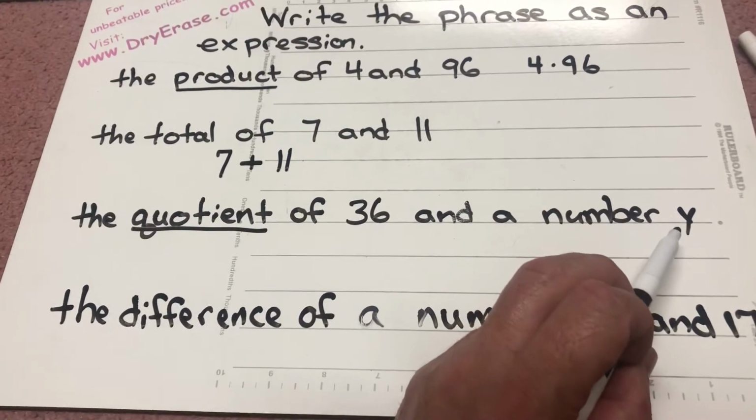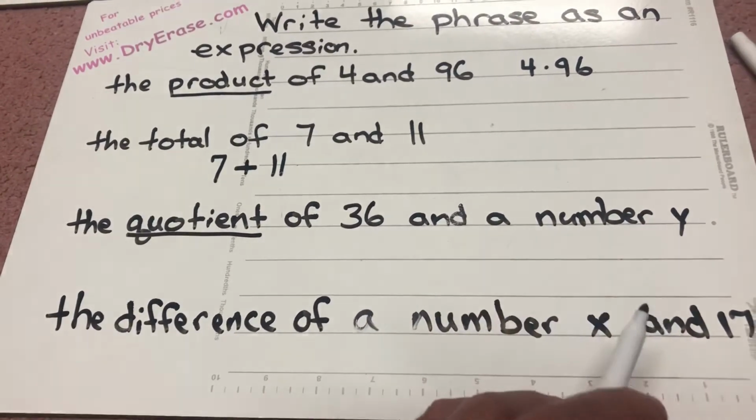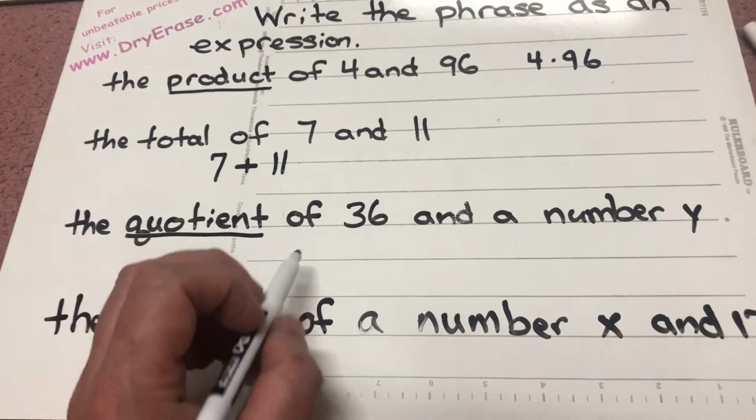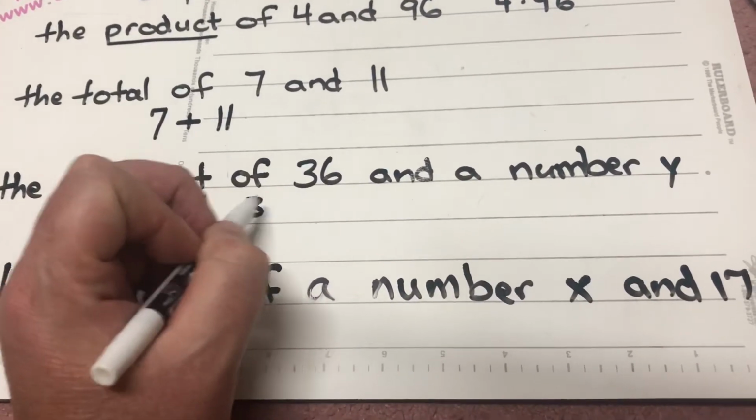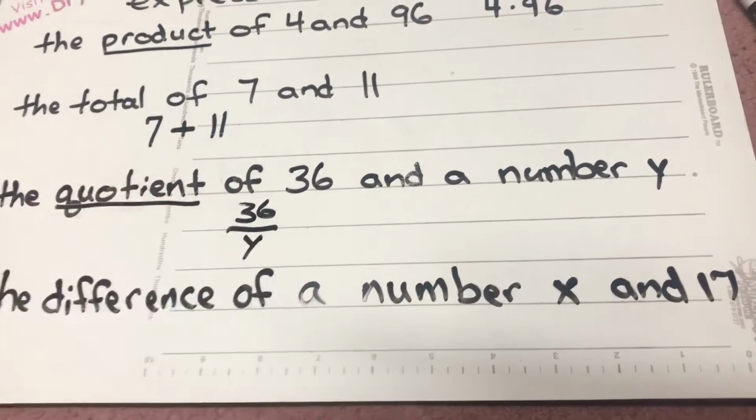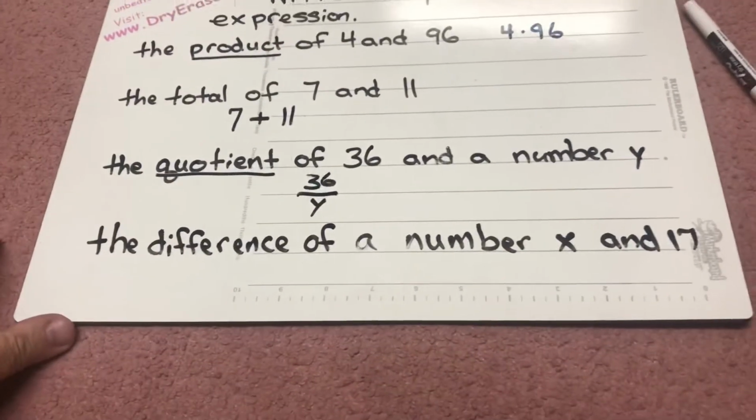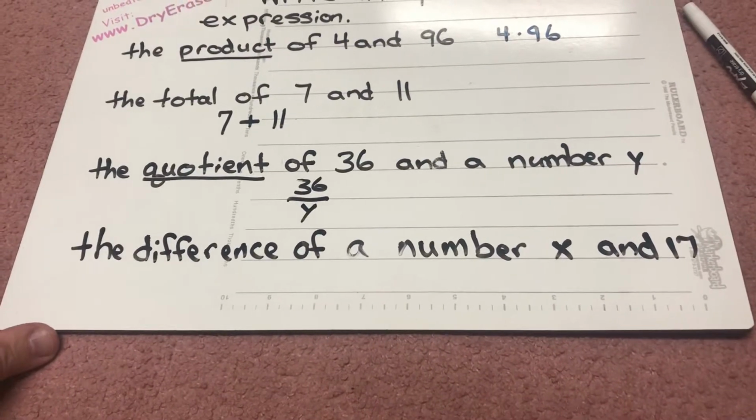Y is the second number here, so that has to be the second number in our division problem. We're going to write it as a fraction, 36 divided by y.